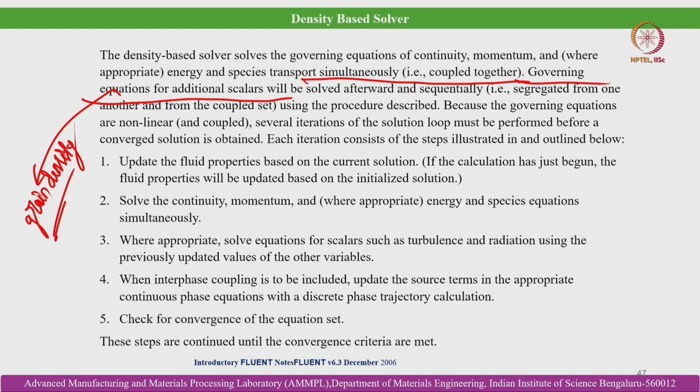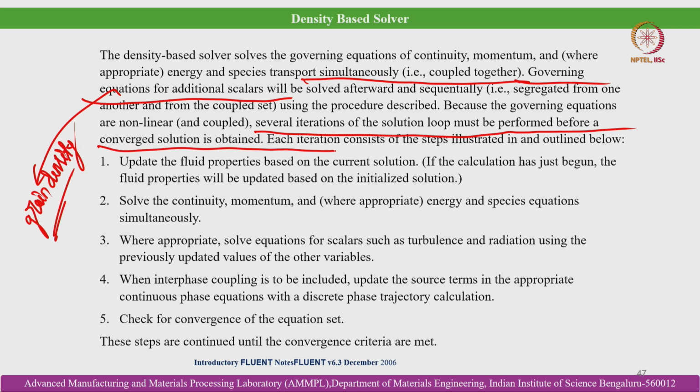As I told you, after solving these main governing equations simultaneously, the additional scalar transport equations like grain density, or something else, can be solved sequentially, segregated from the coupled set of main governing equations. Because the governing equations are nonlinear and coupled, several iterations of the solution loop must be performed before a converged solution is obtained.